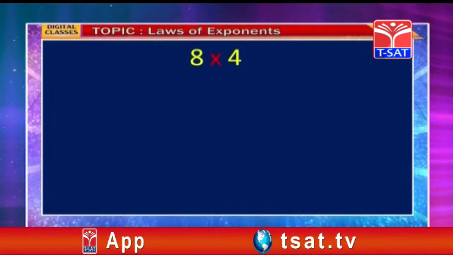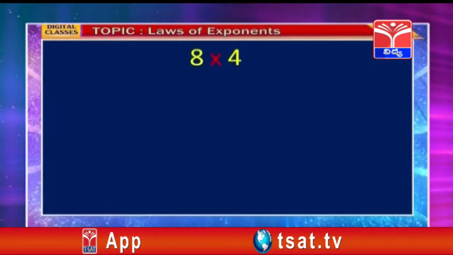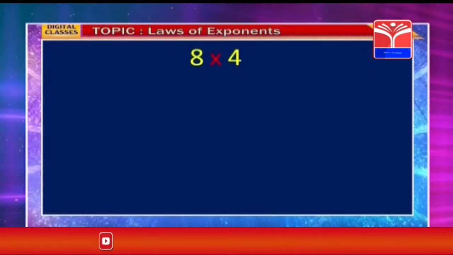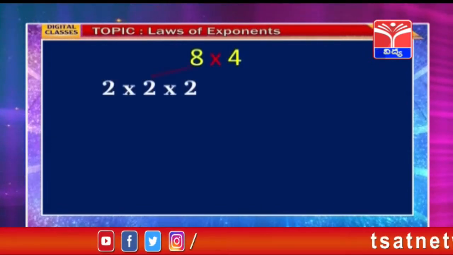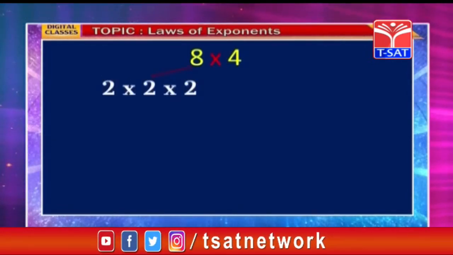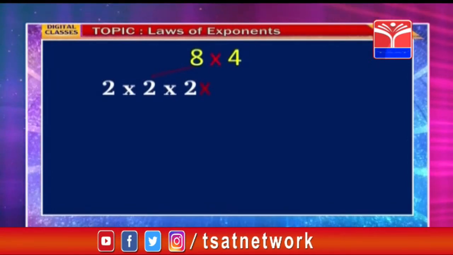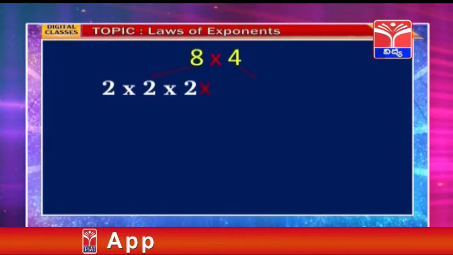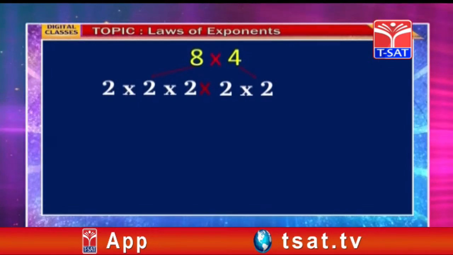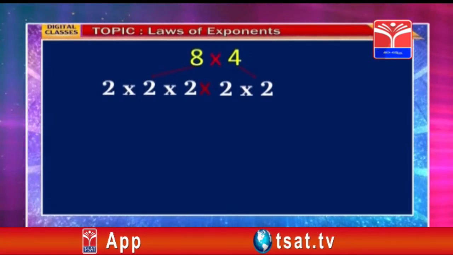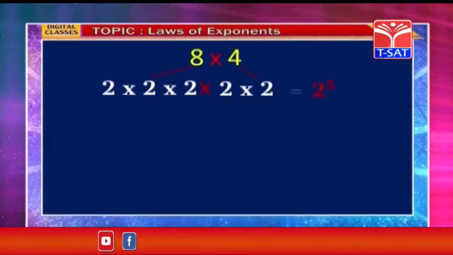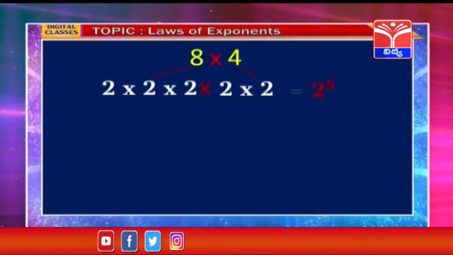Let us see what you are observing on the screen. 8 into 4. Now 8 can be written as 2 into 2 into 2, and 4 can be written as 2 into 2. Now how many 2's are multiplied? There are 5 2's.